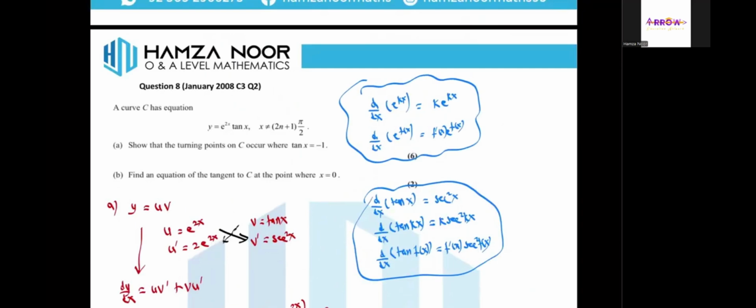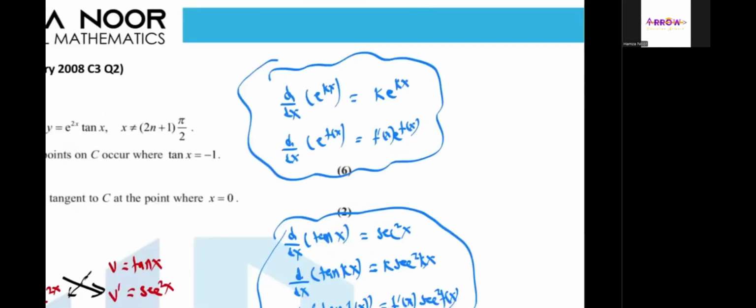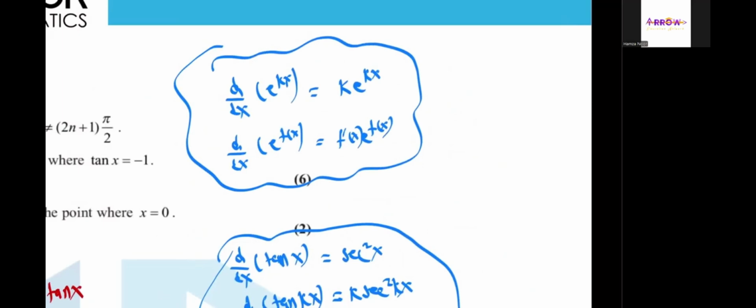When we differentiate e raised to the power of f(x), we get f dash x multiplied by e raised to the power of f(x). In the same way, we can establish another form like this: when we are differentiating e raised to the power of ax plus b, meaning e has a linear power, we can say that it is e raised to the power of ax plus b as it is, and then multiplied by a.